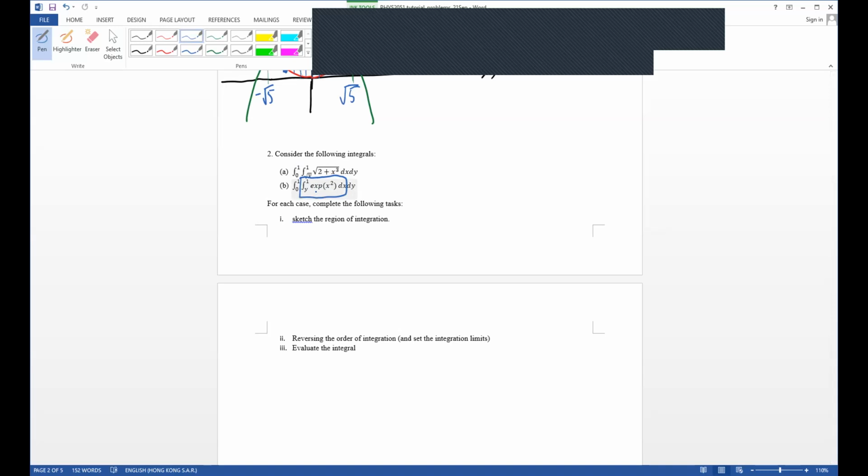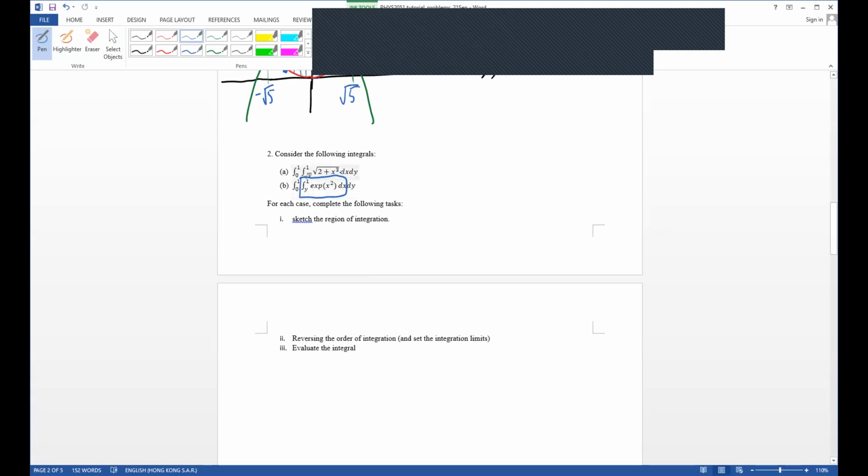So what you consider here is that I give you these integrals and all the integration limits. First of all, you draw the region of the integration. After that, I want you to try to reverse the order of integration.